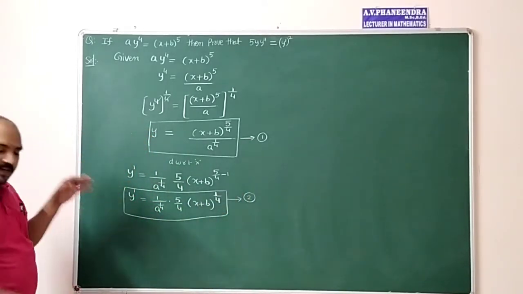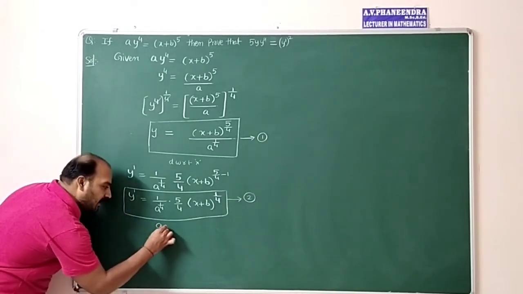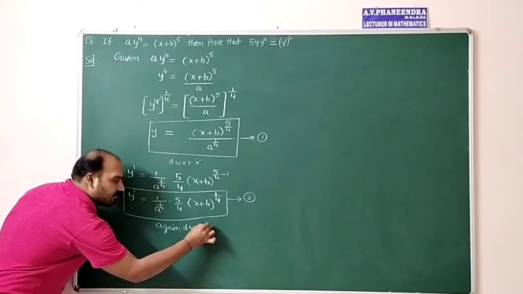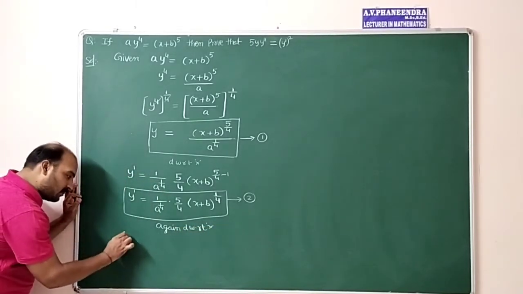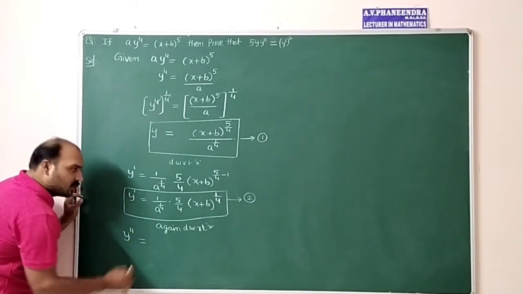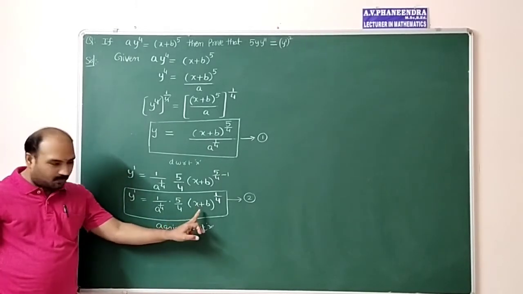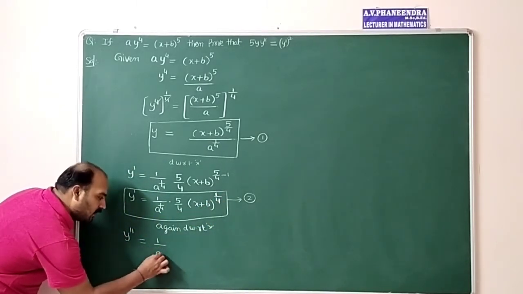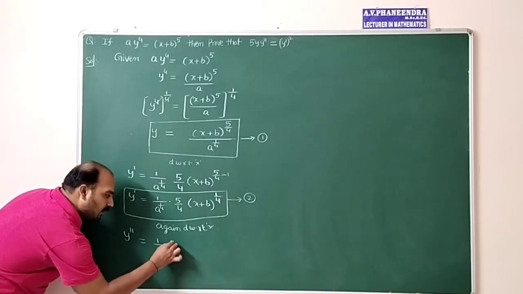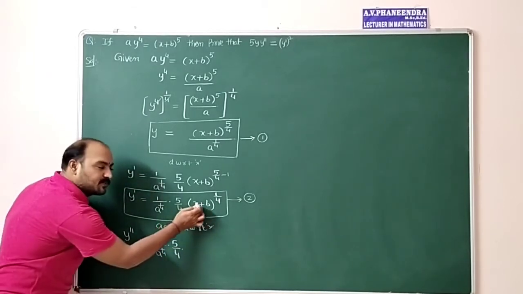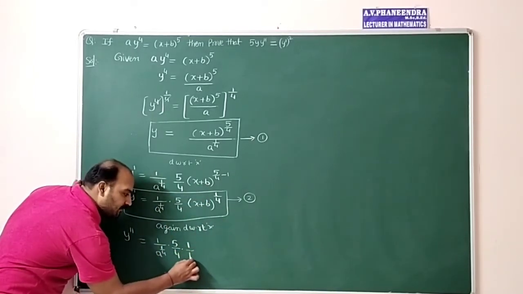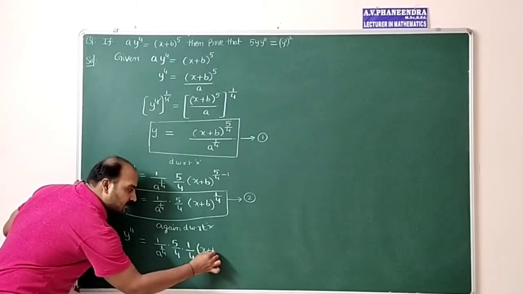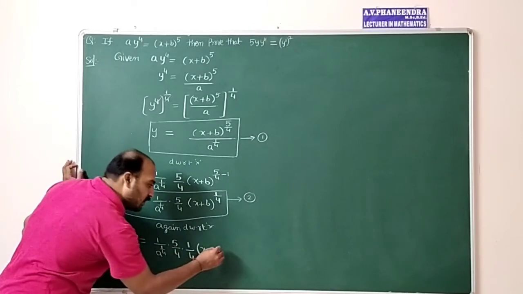To get y double dash, again differentiate with respect to x. So y double dash is equal to, these two are constants. Again you have to apply the x power n formula. So 1 by a power 1 by 4 into 5 by 4 into the derivative of (x plus b) whole power 1 by 4, which is 1 by 4 into (x plus b) whole power 1 by 4 minus 1.